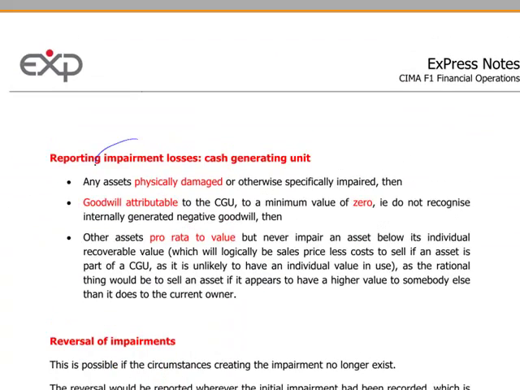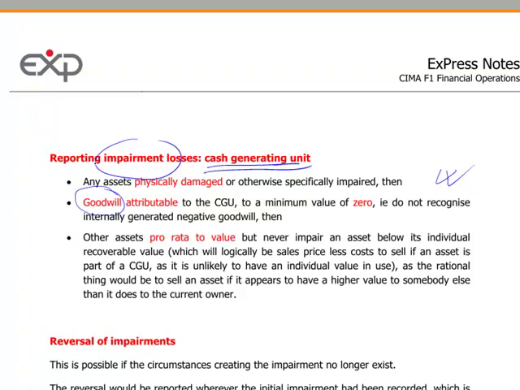What happens if you have an impairment loss in the cash generating unit situation? Well, let's say the oven explodes or something as dramatic as that. What do you have to do? Obviously, you have to impair first the value of that particular oven. Then, if the impairment is quite high due to the fact that the oven exploded, you would have to take away from the goodwill attributable to the CGU, in other words, to the pizzeria overall as a business, as the value of the business will decrease, if there was any goodwill there, with the excess impairment.